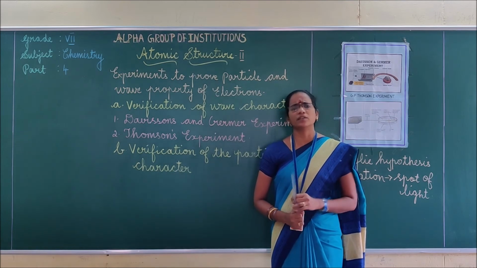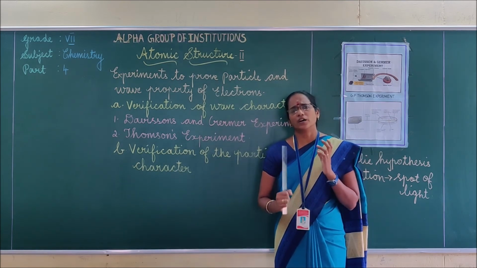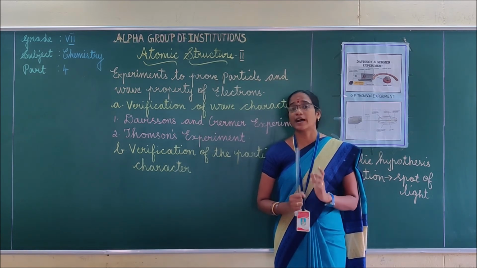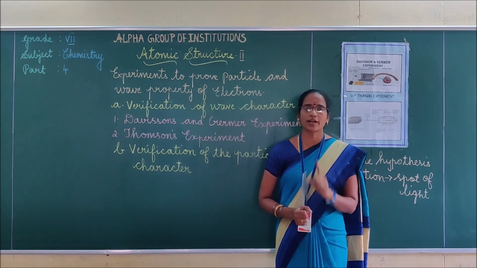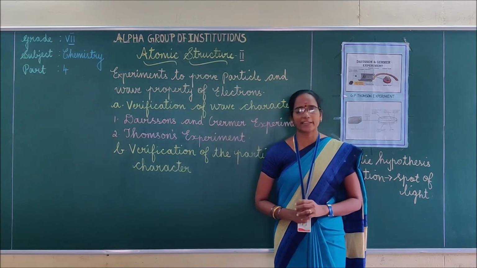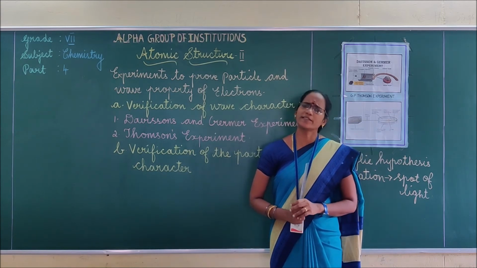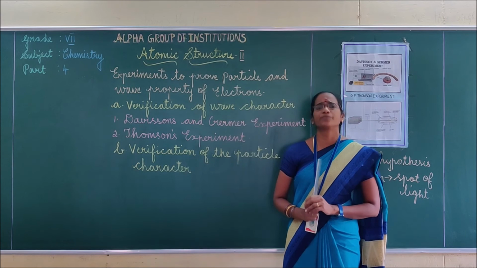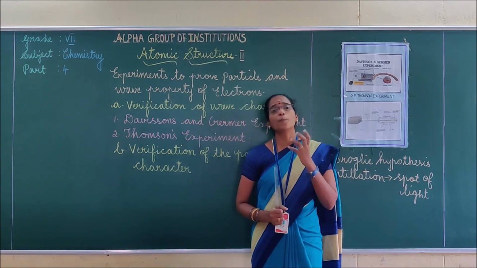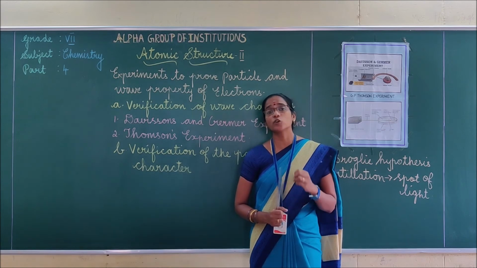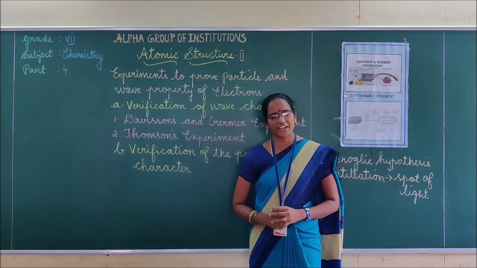Next, the occurrence of black body radiation and the photoelectric effect also concludes the particle character of the electron. Black body radiation comes from an opaque object that emits thermal radiation.